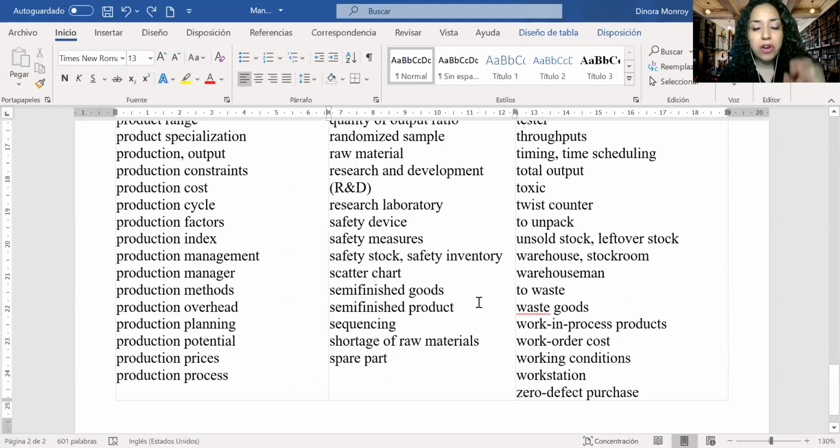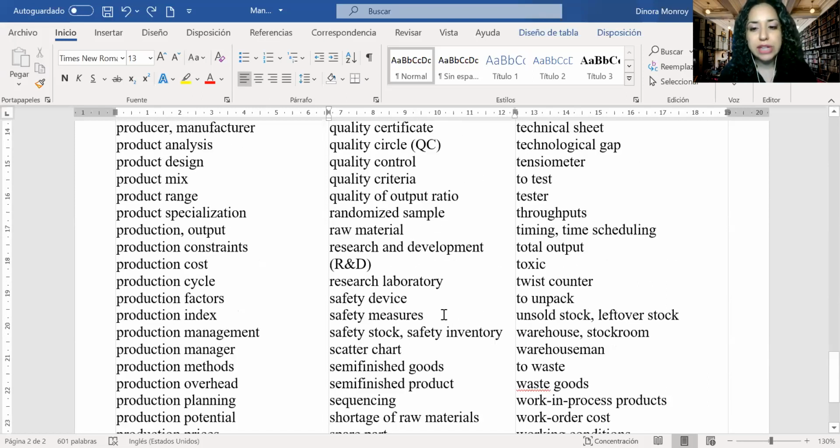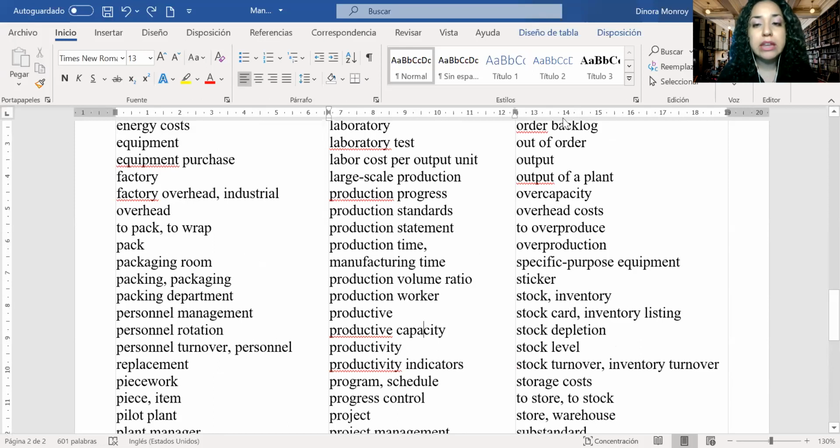Because there is a lot of English vocabulary that is already being used in industry. So you need to know the meaning of this vocabulary. So again, my advice is to go and take a look at it.